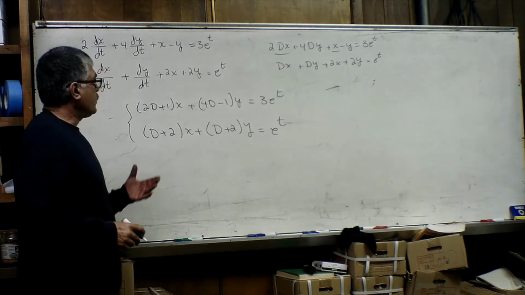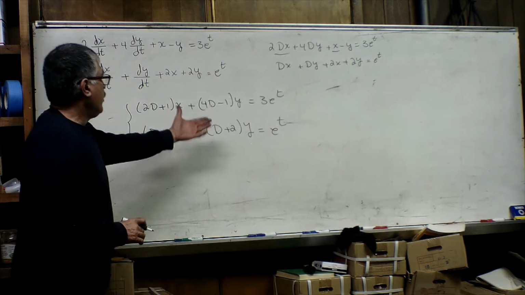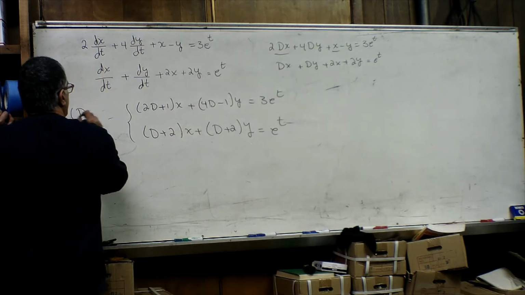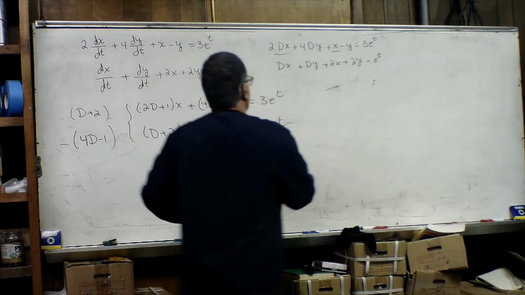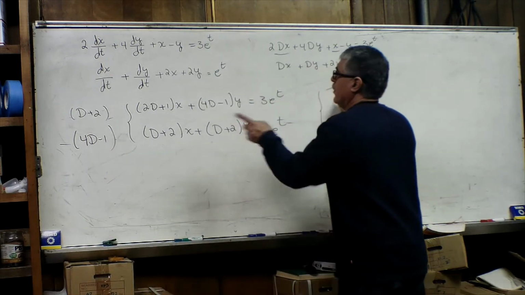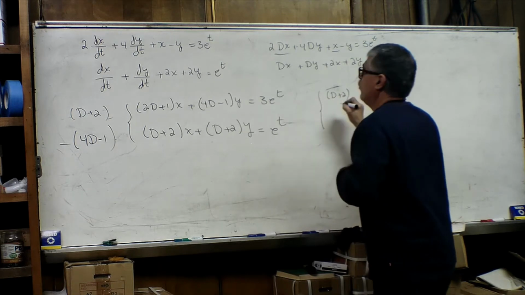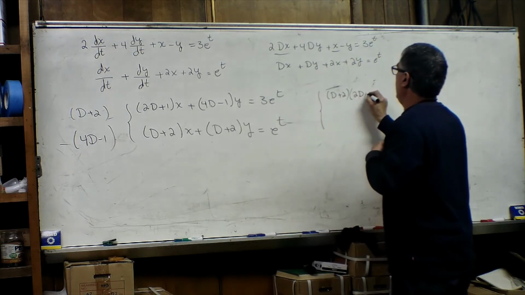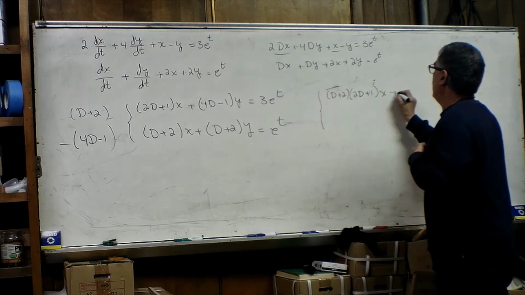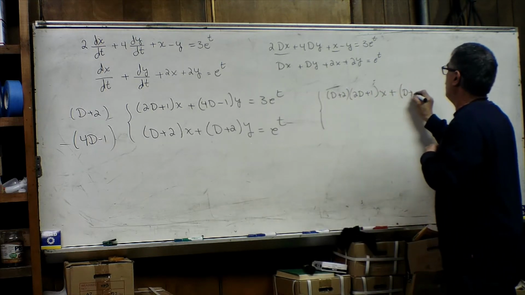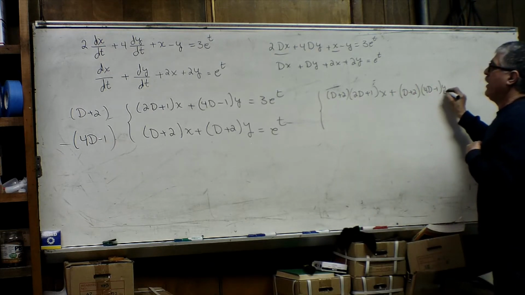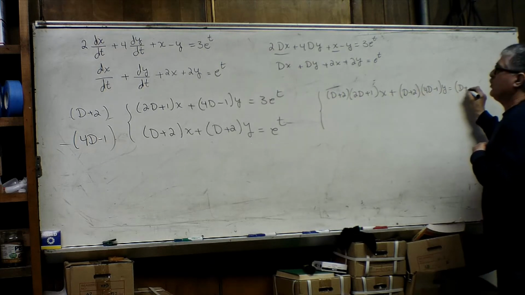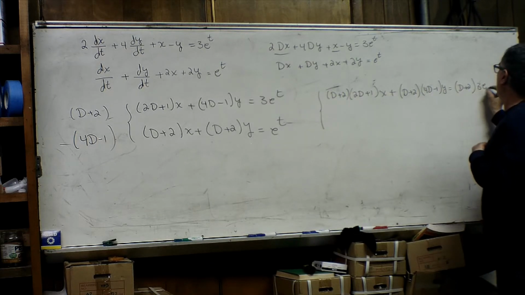So in order for us to get rid of y, we can multiply the top equation by (D plus 2) and the bottom equation by minus (4D minus 1). If we do that, we are going to have (D plus 2) multiplied by (2D plus 1)x plus (D plus 2) multiplied by (4D minus 1)y equal to (D plus 2) multiplied by 3e to the power t.